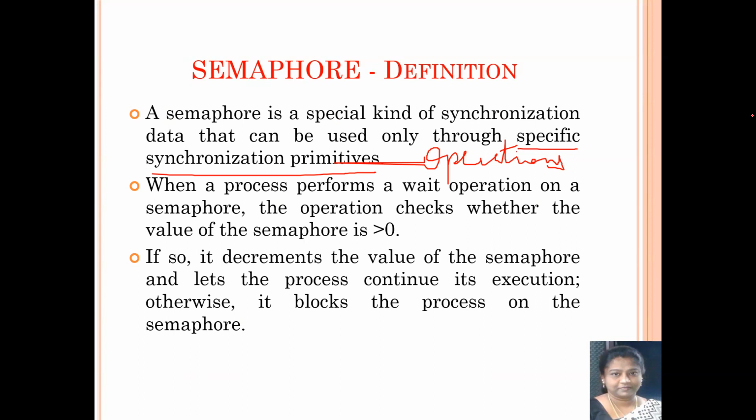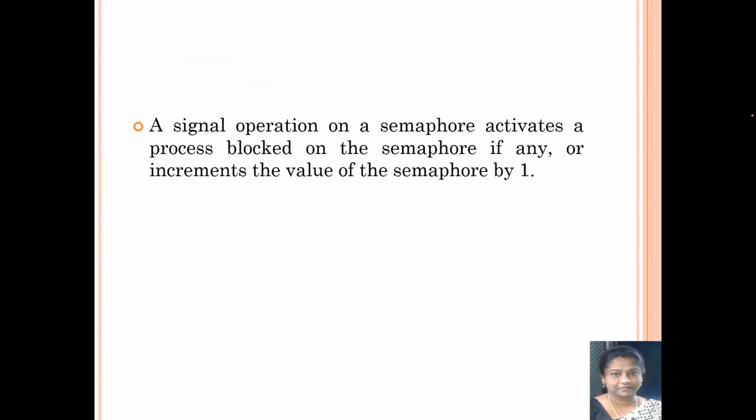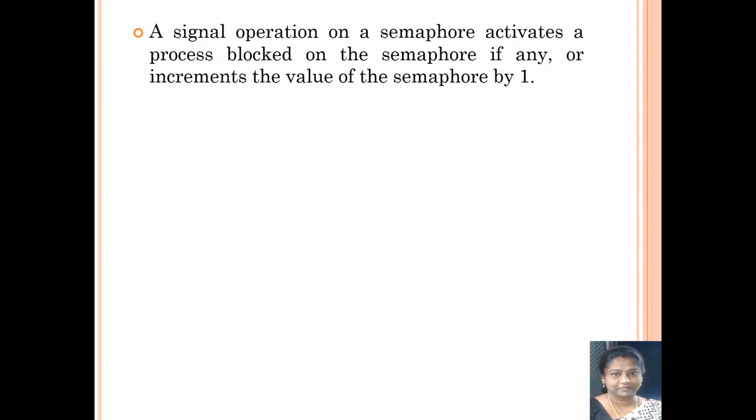But if the value of the semaphore was already 0, then it cannot enter the critical section. So the process has to block itself because some other process is already running in the critical section. That is what is meant by the wait operation and the signal operation.